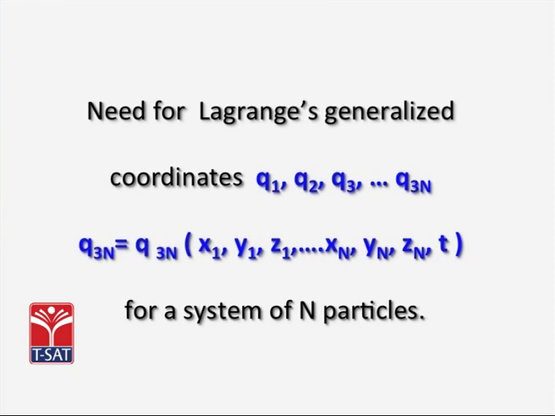Here 3n comes because there are 3 degrees of freedom: x direction, y direction and z direction. q3n is a function of x1, y1, z1, x2, y2, z2 etc. up to xn, yn, zn, and is also dependent on t. This is for a system of n particles.